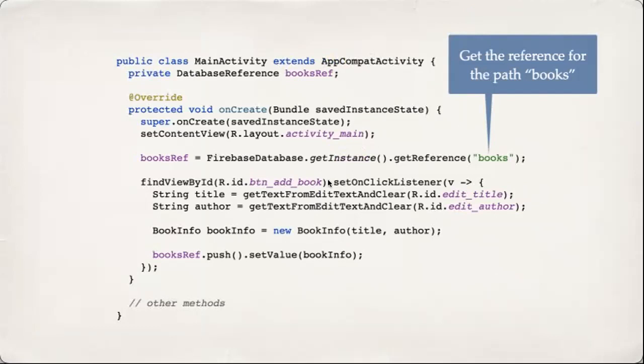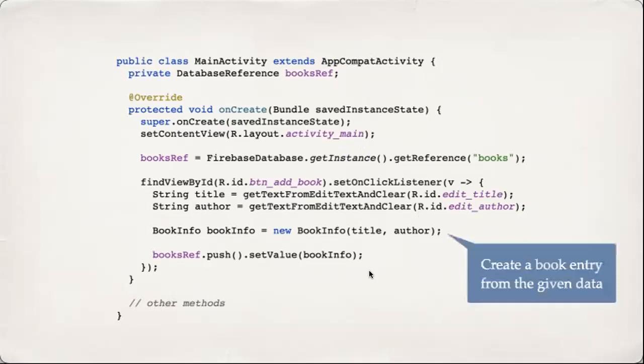You're grabbing the button, then setting the on-click listener, and that click listener grabs the title from the appropriate edit text, grabs the author from the other edit text box, and creates a BookInfo object using that information. Okay. And then we put this BookInfo object onto the bookref's path in Firebase.